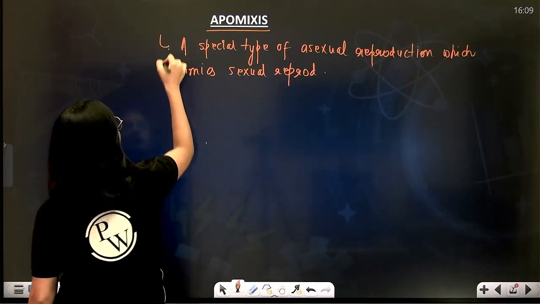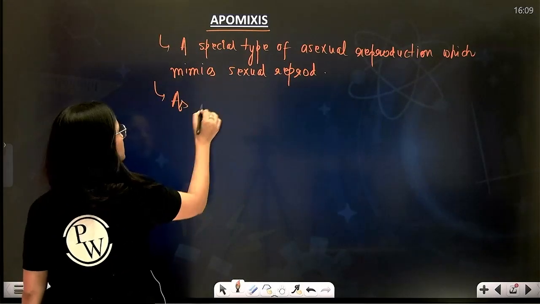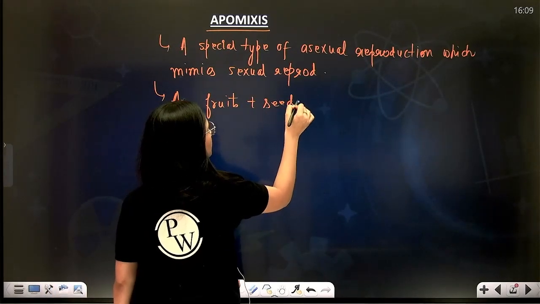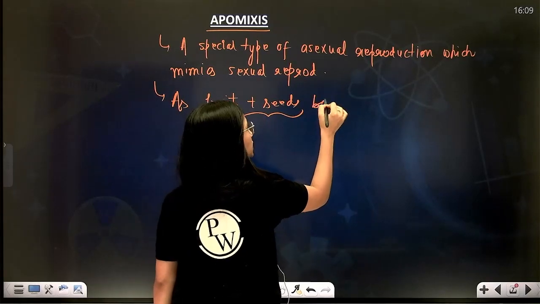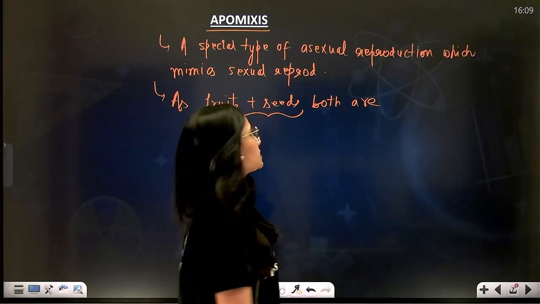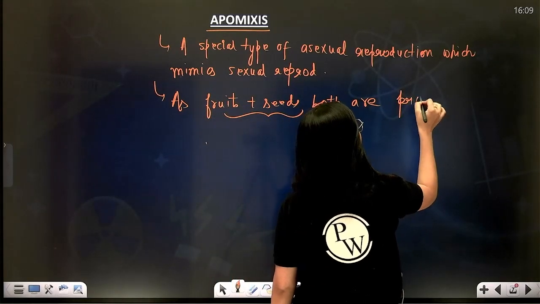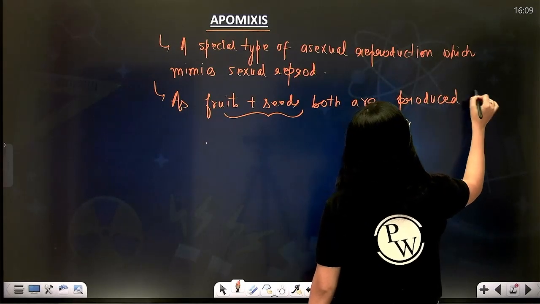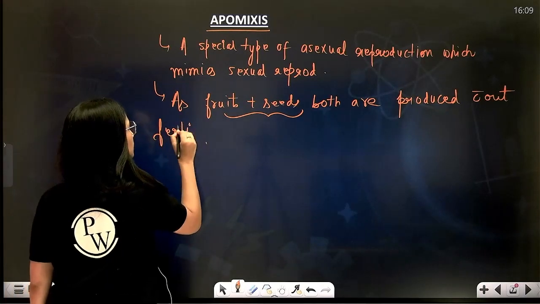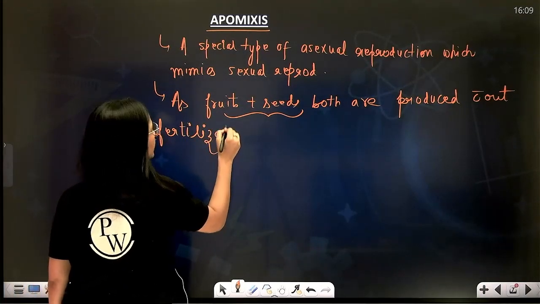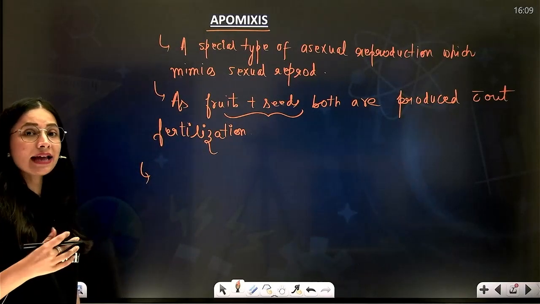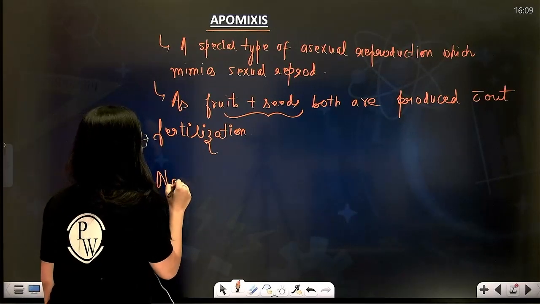As fruits plus seeds both are produced without zygote formation, without fertilization. Both are produced without fertilization.